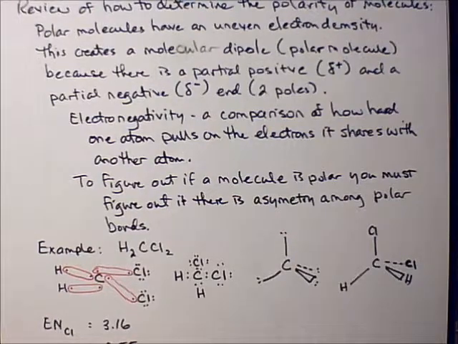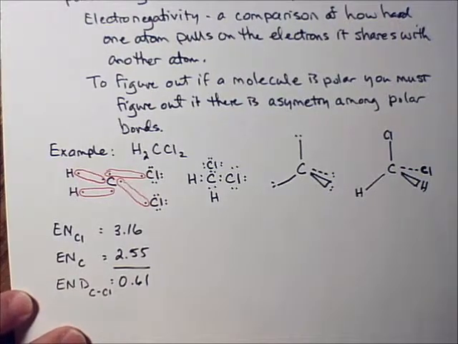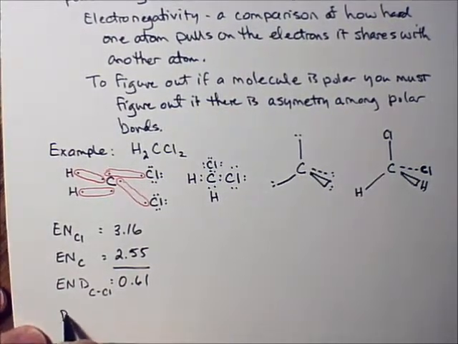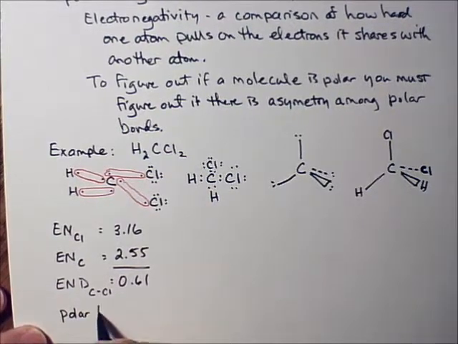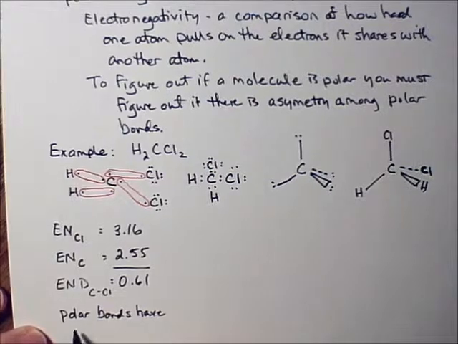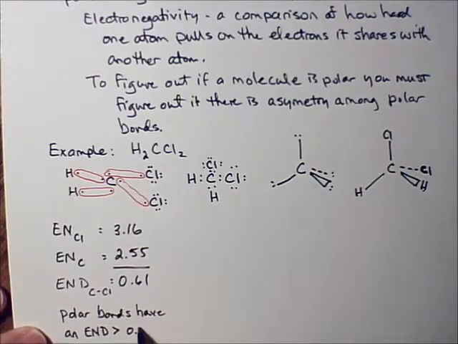Alright, so the difference then, the electronegativity difference for a carbon to chlorine bond is 0.61. Polar bonds have an electronegativity difference greater than 0.5.